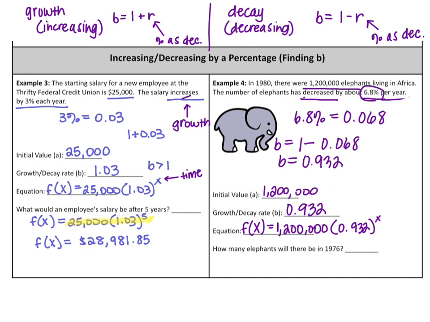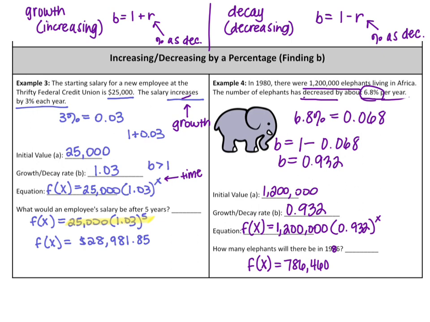I think that is actually supposed to be 86. So I'm going to change it to 86 for this problem. In 1986, that is 6 years later. So I'm going to plug in 6 for x, and let's see how many elephants are going to be living in 1986. So 6 years later, there's going to be roughly 786,460 elephants left in Africa.